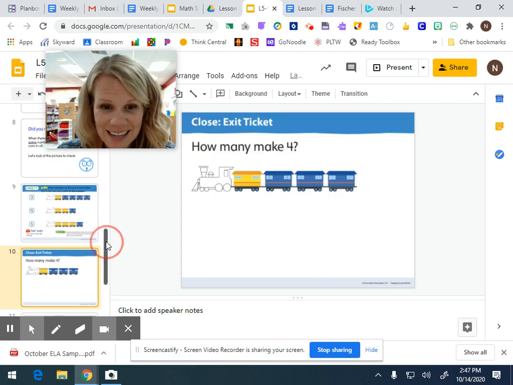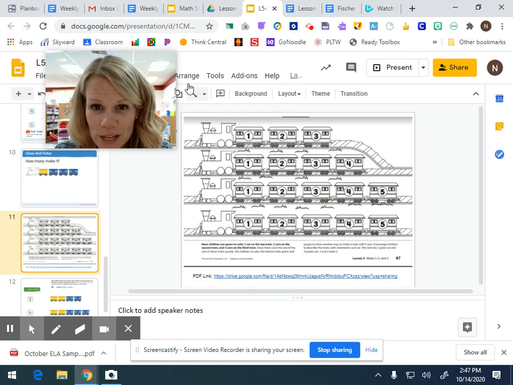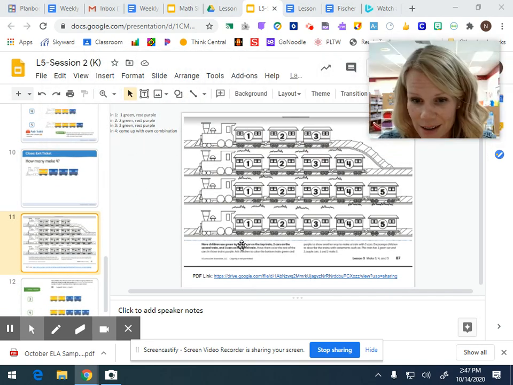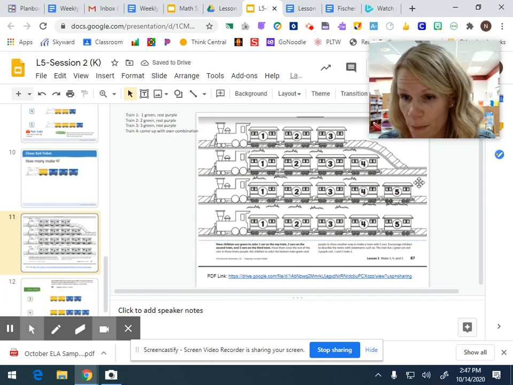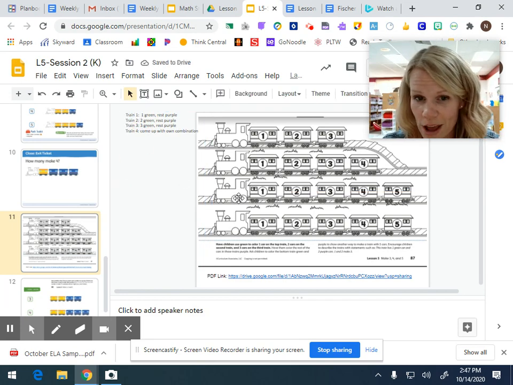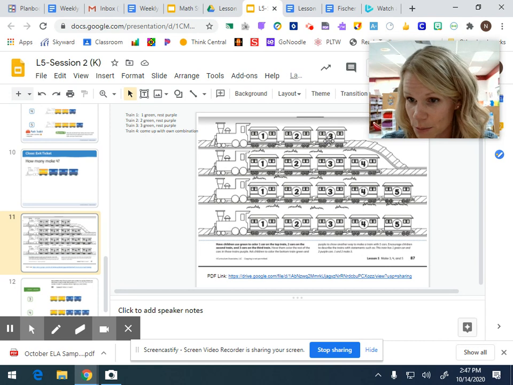All right, let's go into this one. Friends, what you're going to do on this page is, let me just move this over a little bit. There's some directions at the bottom, okay? And I'm going to have a grown-up help you as you follow these directions, okay? So for train 1, you are going to color one of the cars green and then the rest purple.